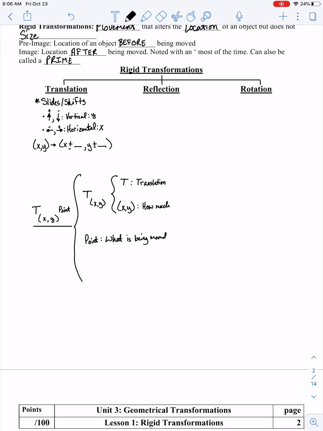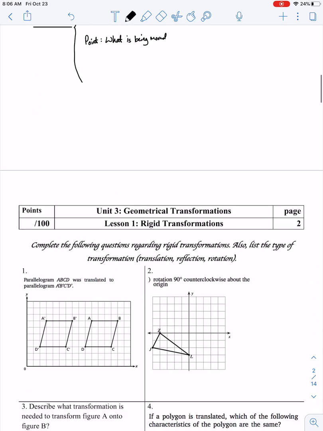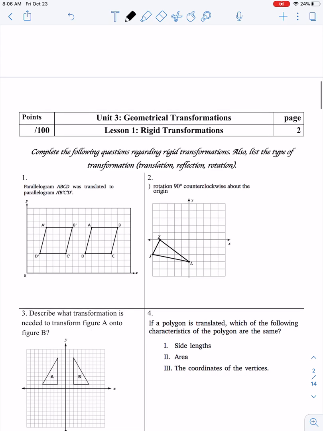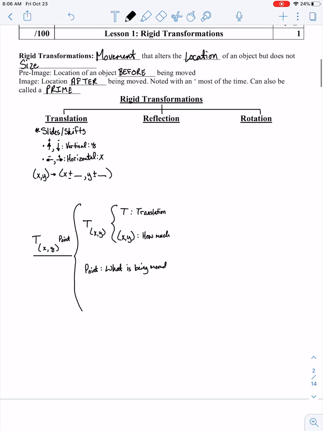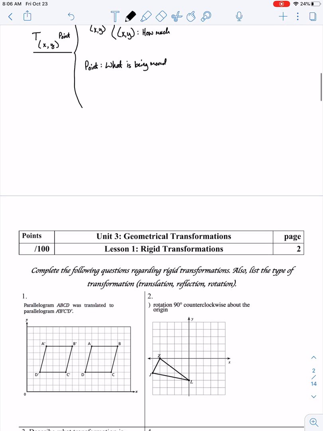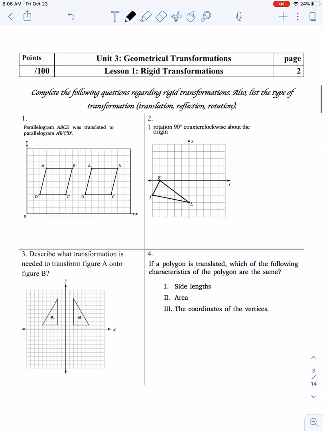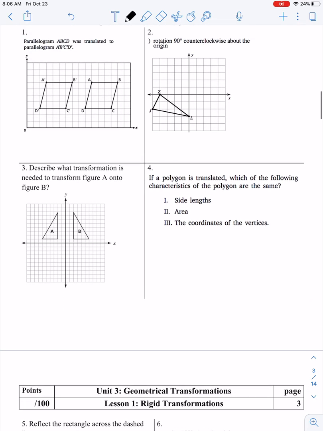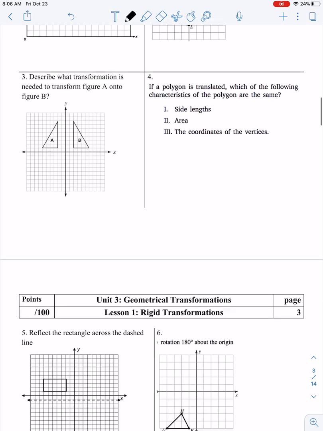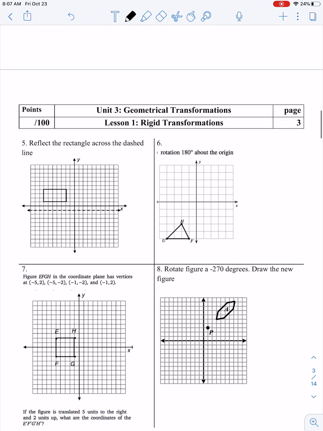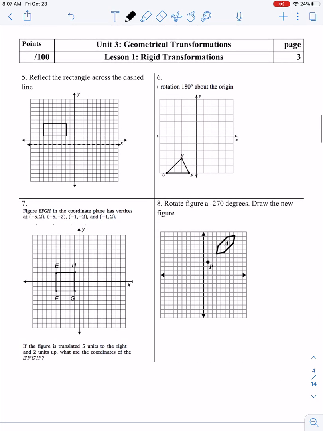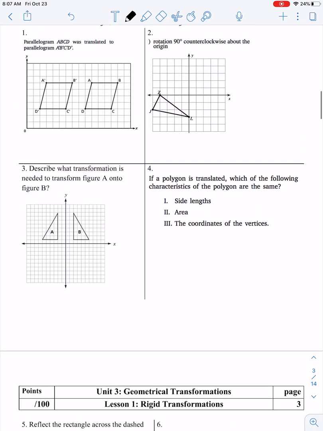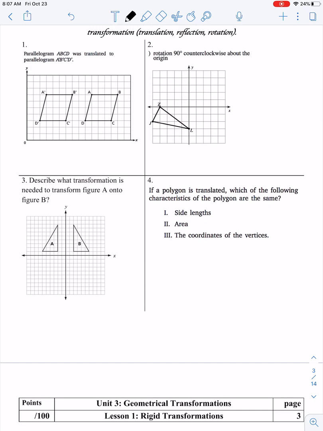All right. So what I like to do is run through these. Again, I want to identify translations, so slides or shifts. And if you look here, I don't give you just points. I give you entire figures. The reason they do this is because the more you have to move, the more likely you are to get something wrong.